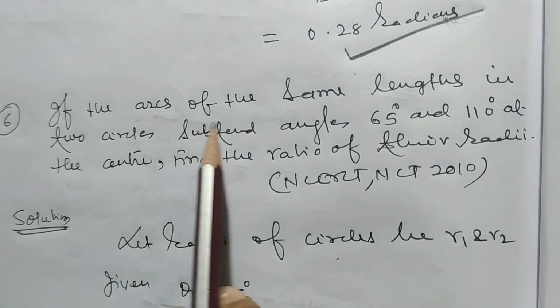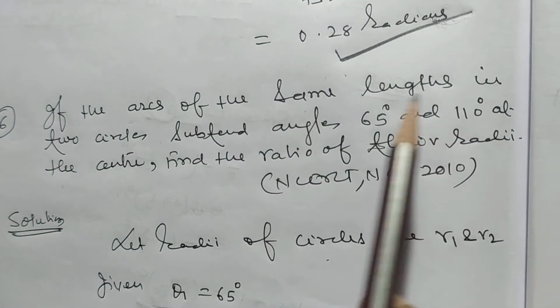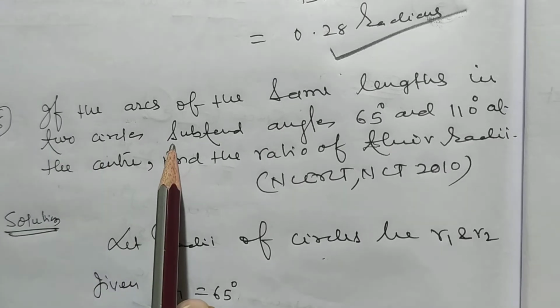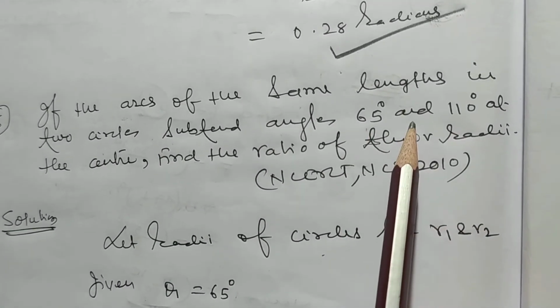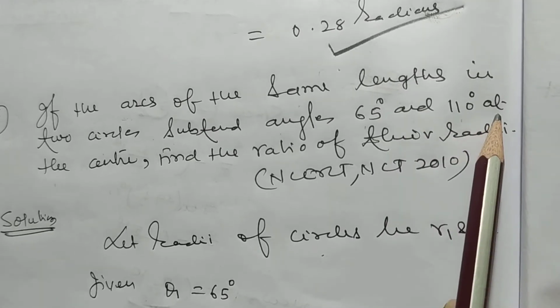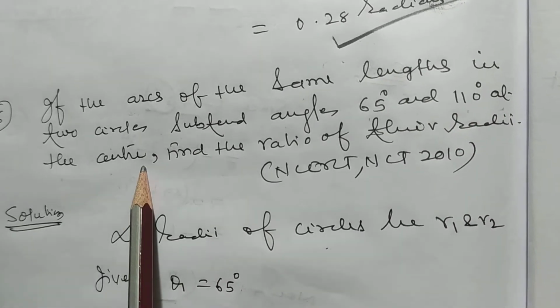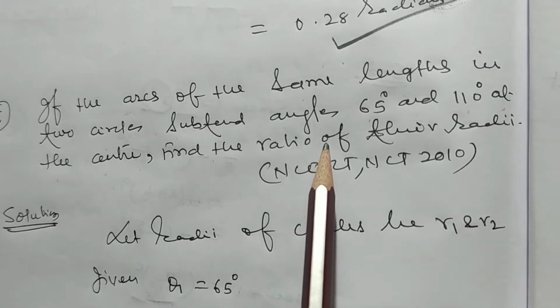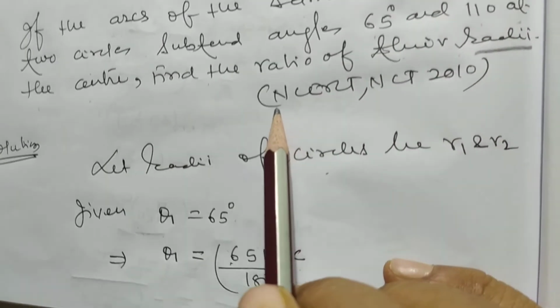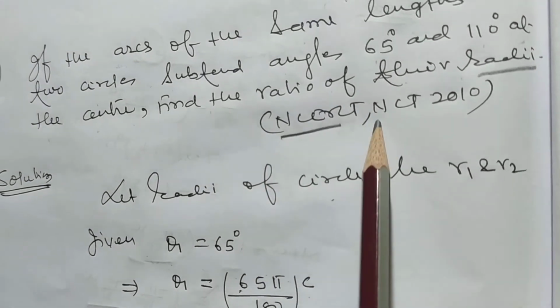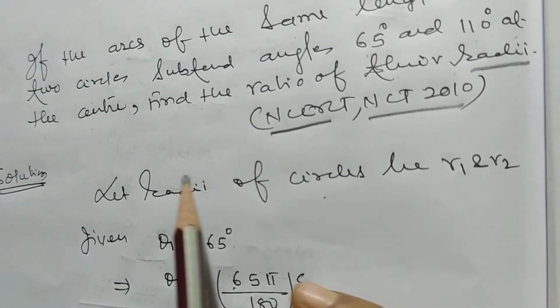If the arc of the same length in two circles subtend angle 65 degree and 110 degree at the center, find the ratio of their radii. This problem is from NCERT and NCT 2010.